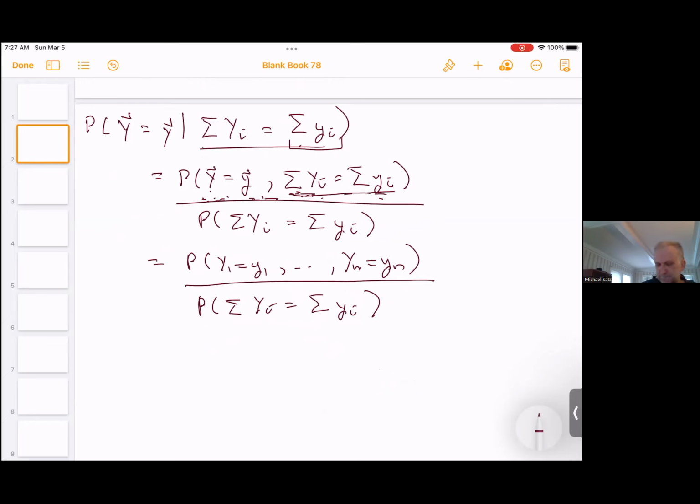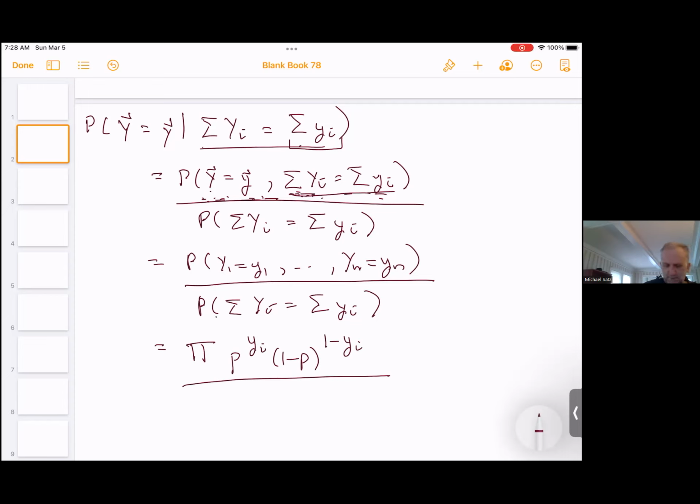Okay, so we know these in terms of p, right? IID. So the top is probability y1 equals little y1. Or let's say a general yi. I can write this as a product from 1 to n. So this would be p to the little yi, 1 minus p to the 1 minus little yi. You can convince yourself that's correct.